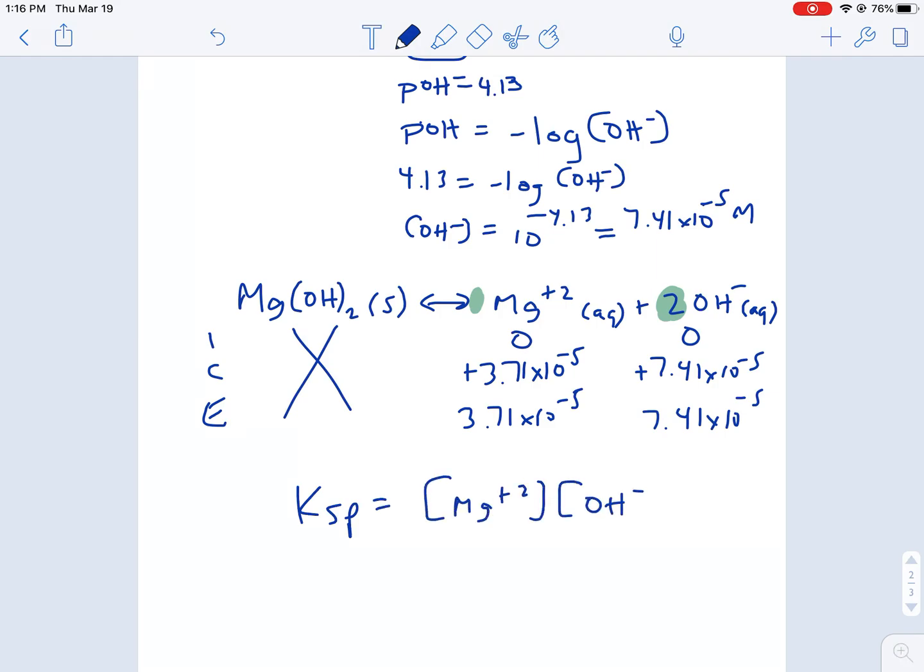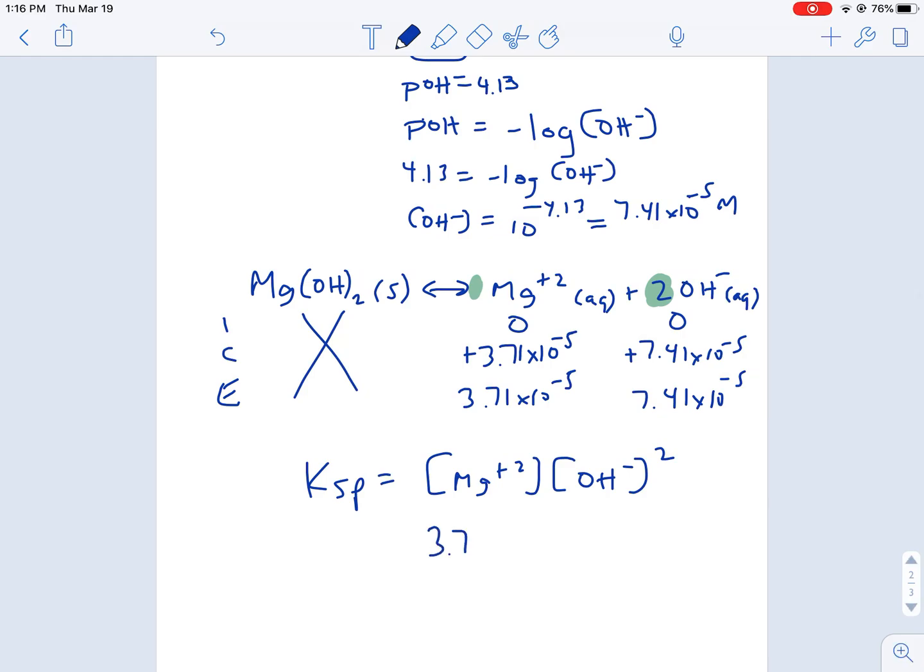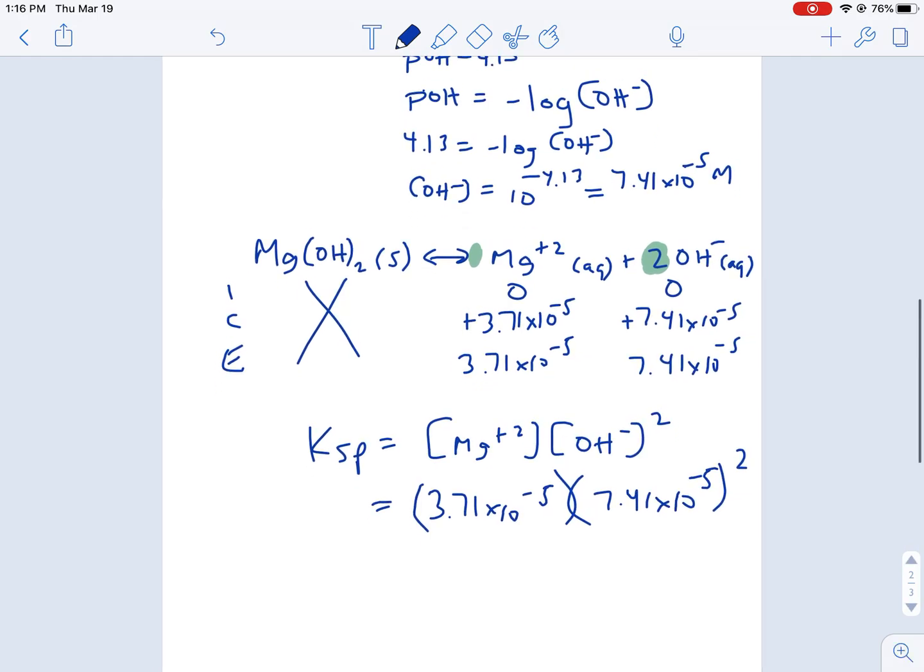So again, we'll set up our equilibrium expression. Products over reactants, the reactant is a solid, so we're not going to include it. The magnesium concentration is going to be multiplied by the hydroxide concentration after we square the hydroxide ion concentration. And so we get a KSP value of 2.04 times 10 to the negative 13th.